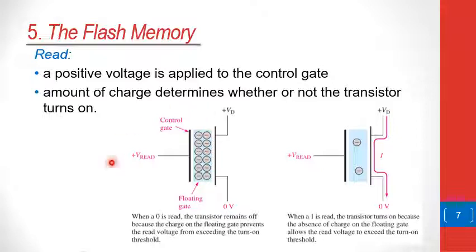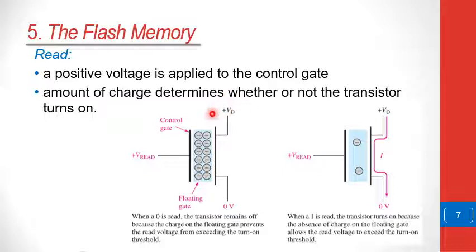So take for example whereby you have a 0 stored, that is, you have a lot of negative charge within the floating gate. When a positive voltage is applied at the control gate, because of the negative charge inside, the transistor remains off.